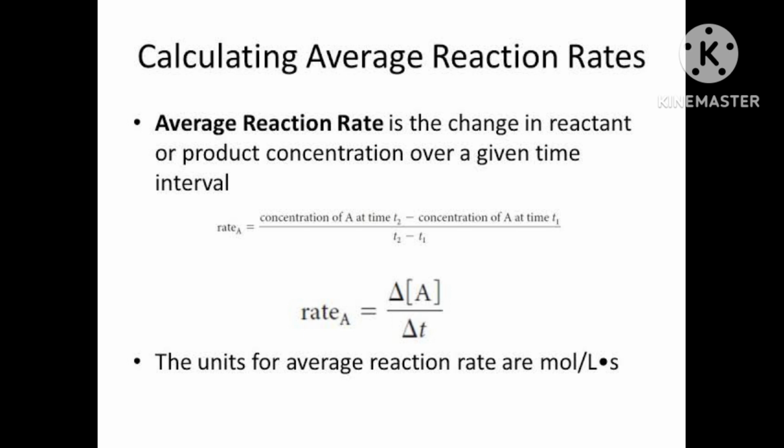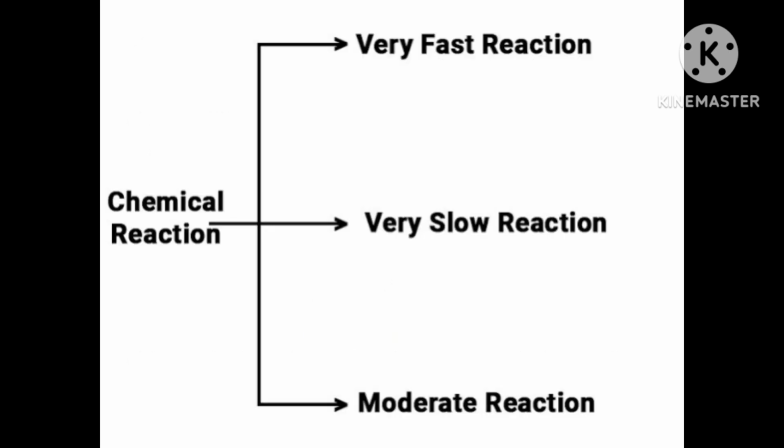Another example I am telling you: 5 bromide ion plus bromate ion BrO3 minus plus hydrogen ion, meaning 6H plus. The reaction is given: 5Br minus plus BrO3 minus plus 6H plus, and it is giving two products, 3Br2 plus 3H2O.